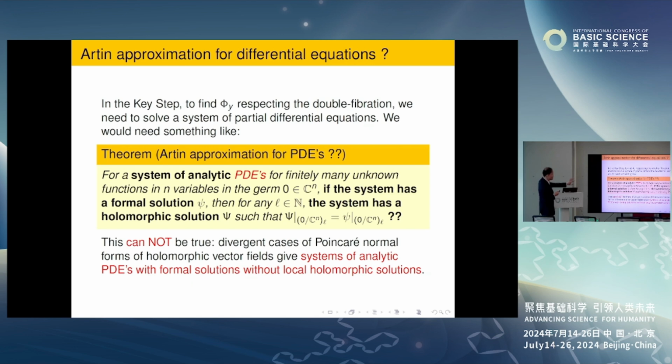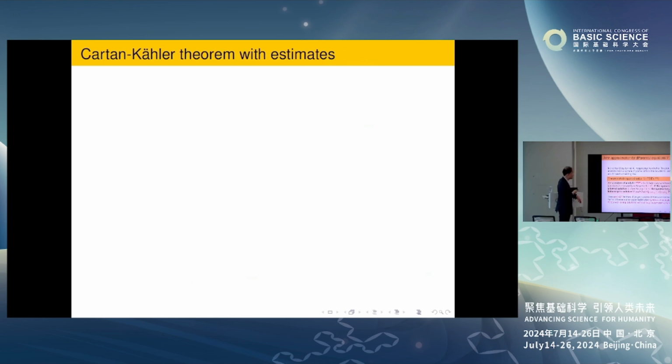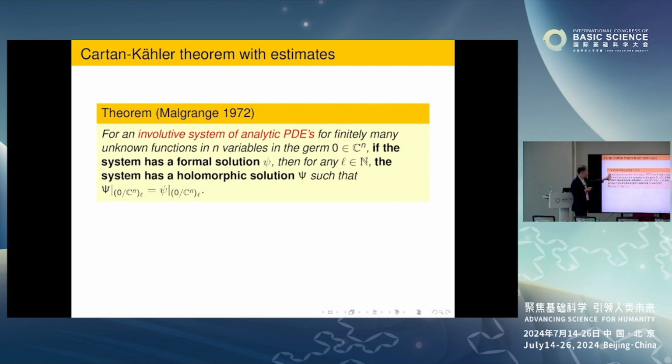But there's a substitution for this. And this is what's called the Cartan-Kähler theorem with estimates. And the version I know of is due to Lagrange. And this is exactly the statement we want, but there's an additional condition.